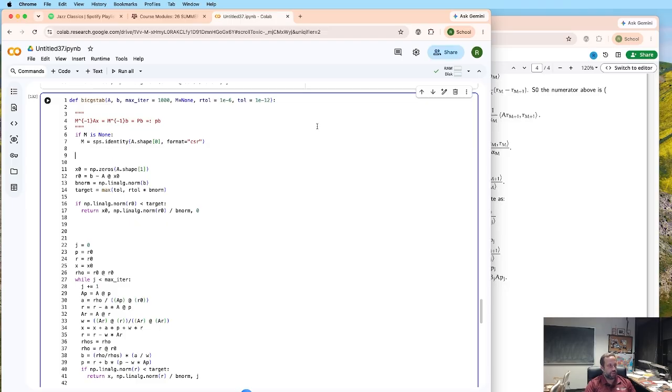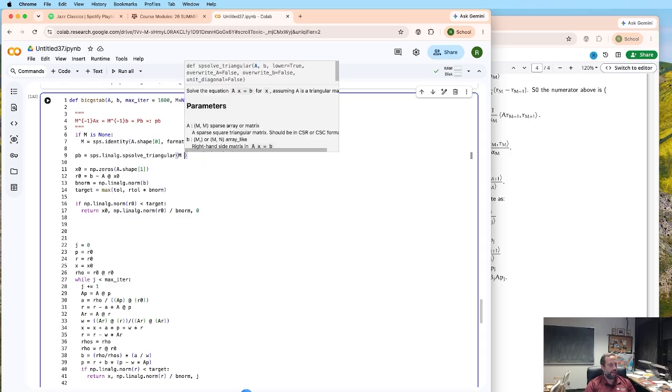So what I'm going to do is say PB is equal to SPS.linalg.spsolve_triangular, and I'm going to solve the system M times PB is equal to B.